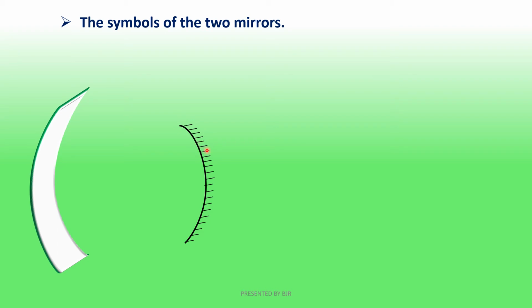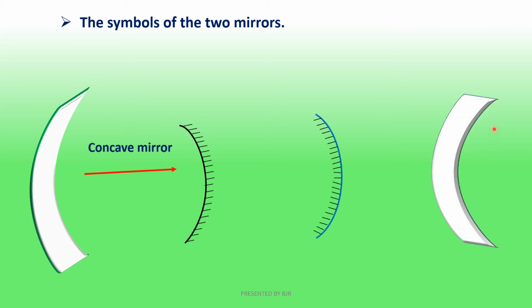These lines indicate painted outside. So this is the symbol we use for concave mirror, and here is the convex mirror symbol, painted inner side.